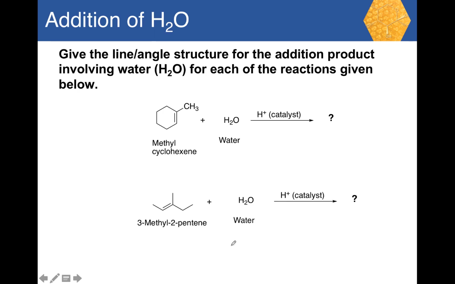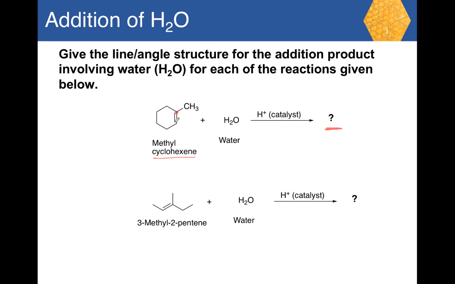So here are some examples. Looking at the same example we had before, methylcyclohexene, here's our double bond, here is water, here's our catalyst. What is the product? The product, of course, follows the example we had before and Markovnikov's rule.